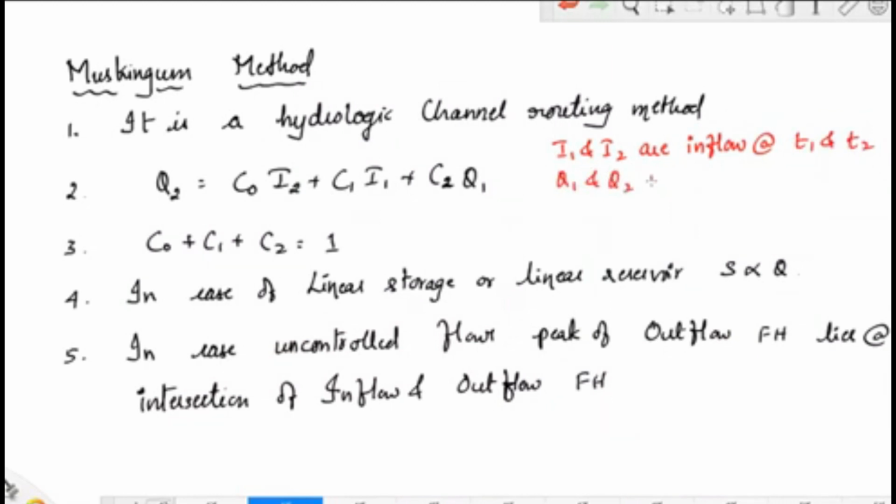Q1 and Q2 are outflows at times T1 and T2. C0, C1 and C2 are Muskingum coefficients.